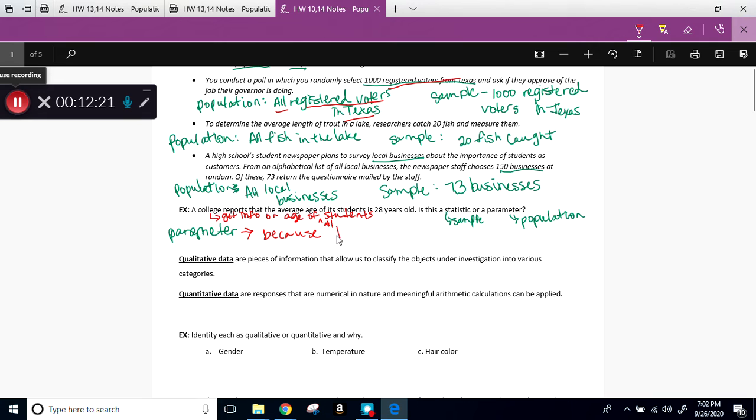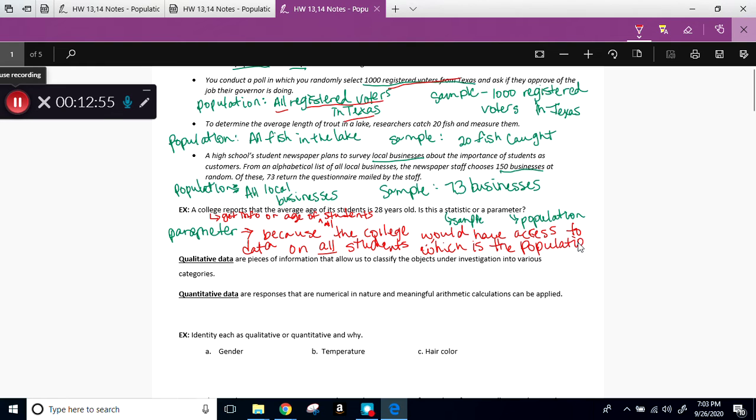In this case, because the college would have access to data on all students, which is the population.